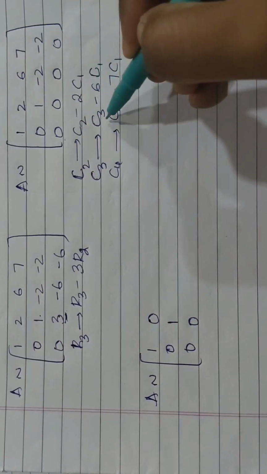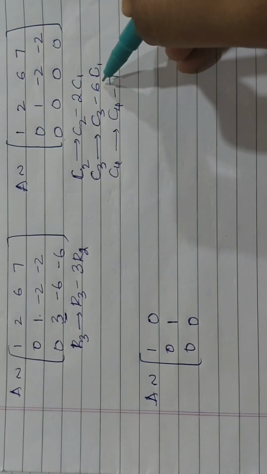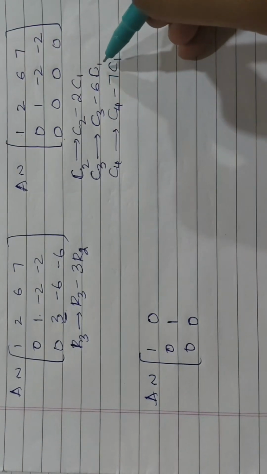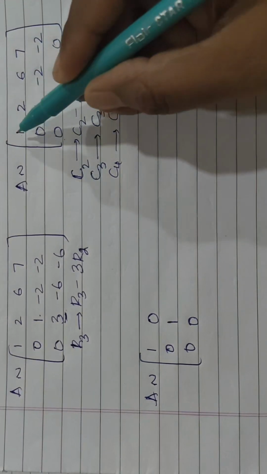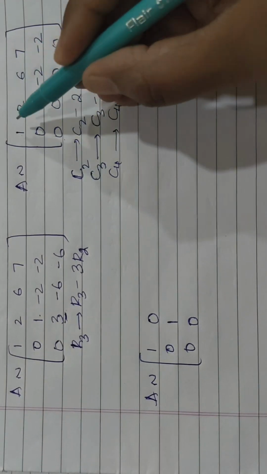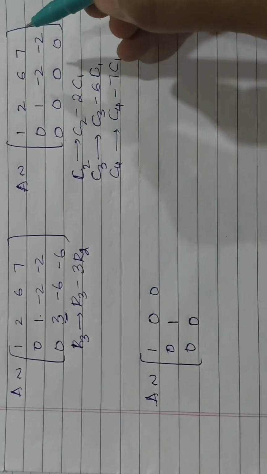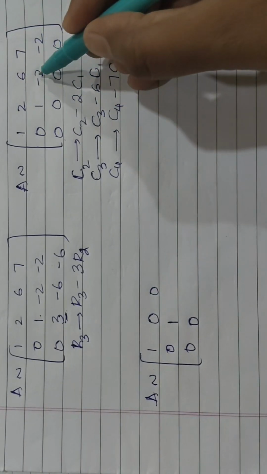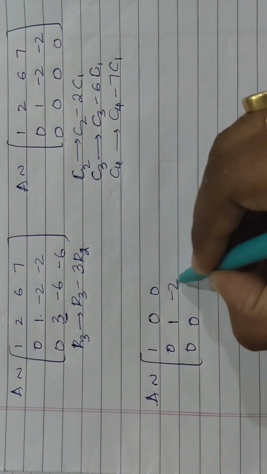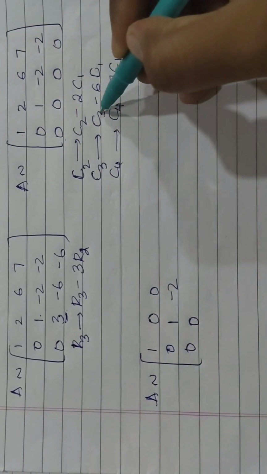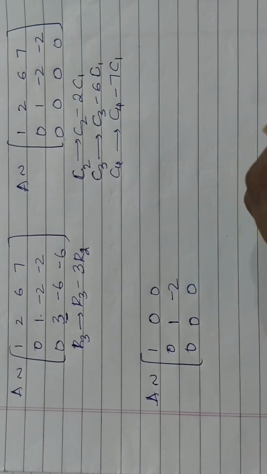Next, the third column, using C3 minus 6C1: 6 minus 6 into 1 is 0; C3 is minus 2 and C1 is 0, so it is minus 2; then 0 and 0 gives 0.